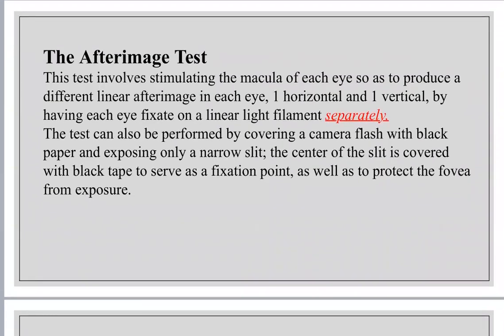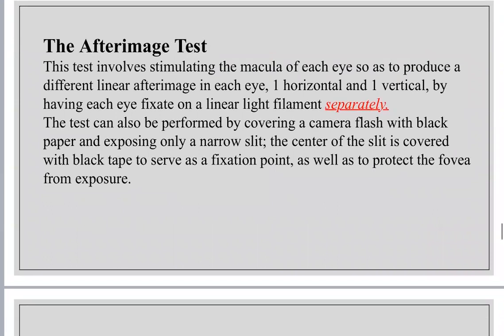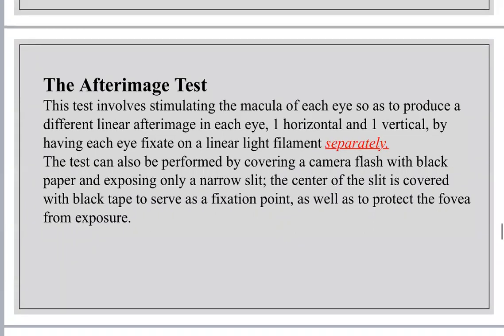The after image test is somehow extremely tough, but we can pass by this test. It is easy, but it depends on understanding the difference between the diplopia and the difference between the images seen by the fovea simultaneously, or both foveae simultaneously.